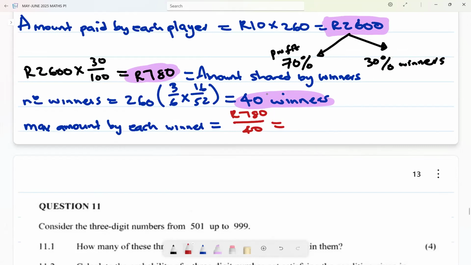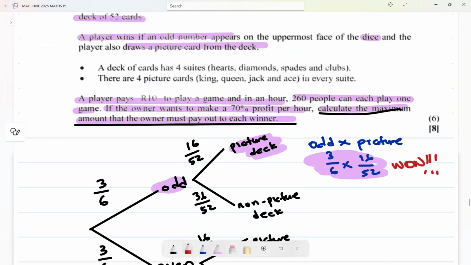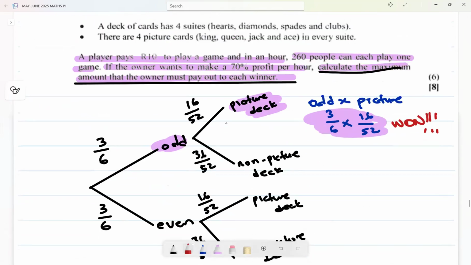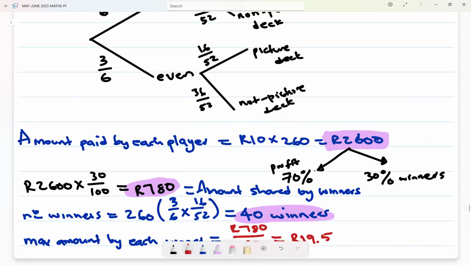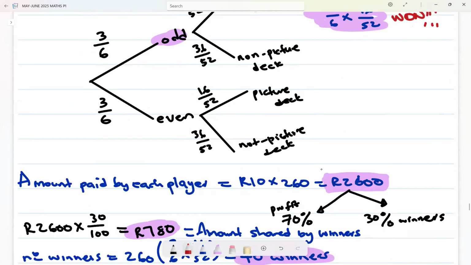This is how much each winner can get: 19 rand 50 cents. It's fair to win 19 rand 50 cents because you only contributed 10 rand, as the owner wants to keep 70% as a profit. So can you see?